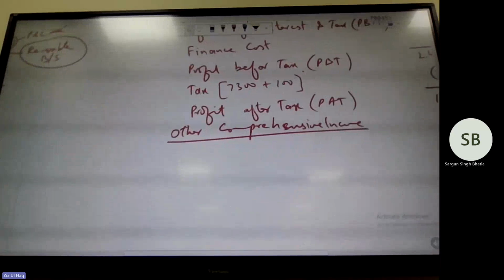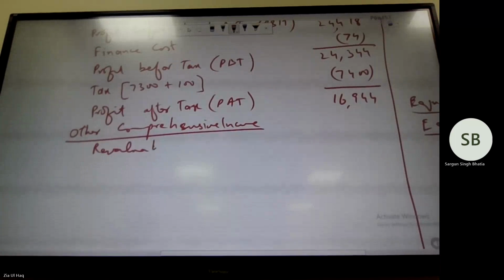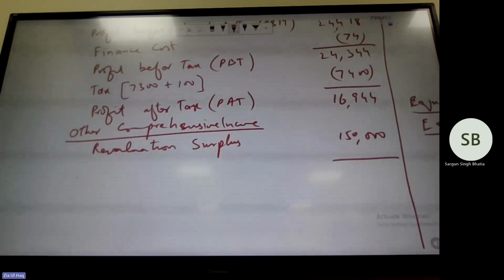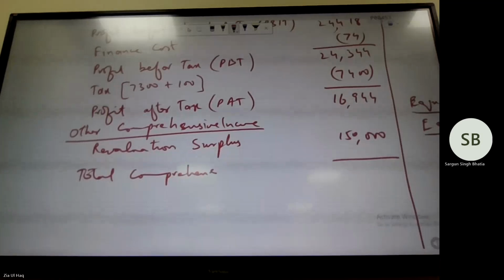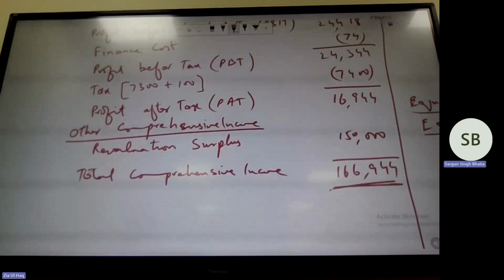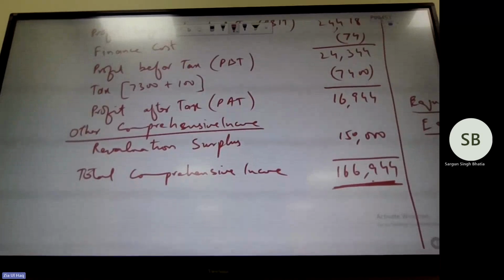So we will record this as revaluation surplus with 150,000, and then we will arrive at total comprehensive income. What's that figure? 166,944. So our statement of profit and loss and other comprehensive income has been completed.